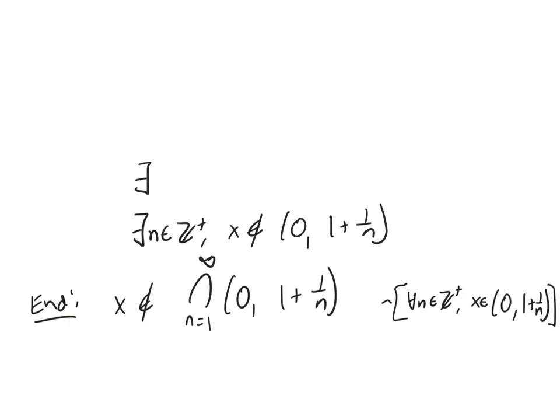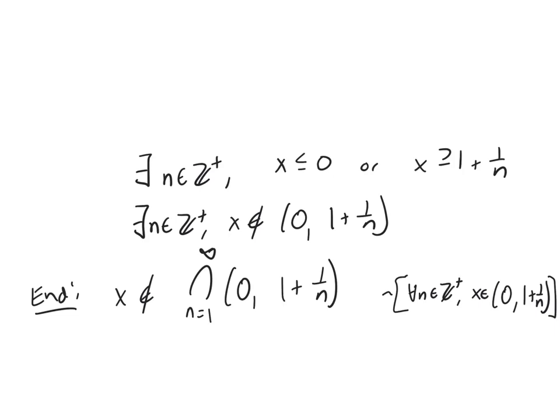Again, what does it mean to not be in that interval? It means either x is less than or equal to 0, or x is greater than or equal to 1 plus 1 over n.